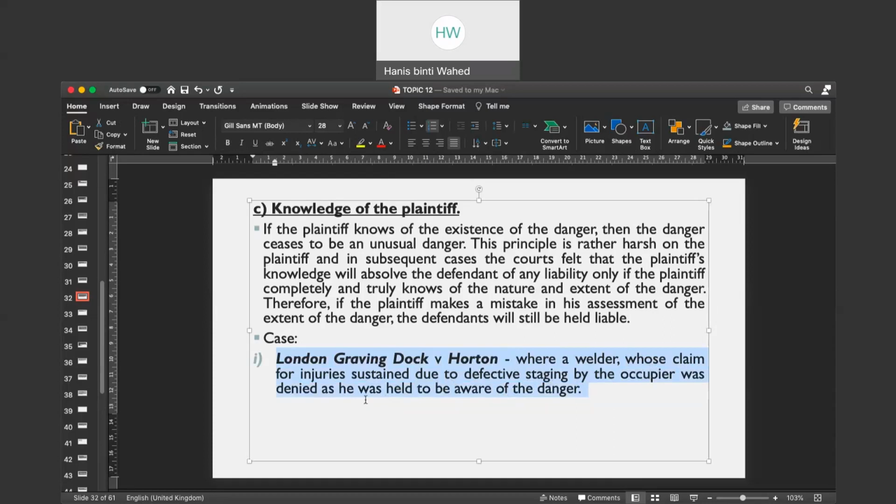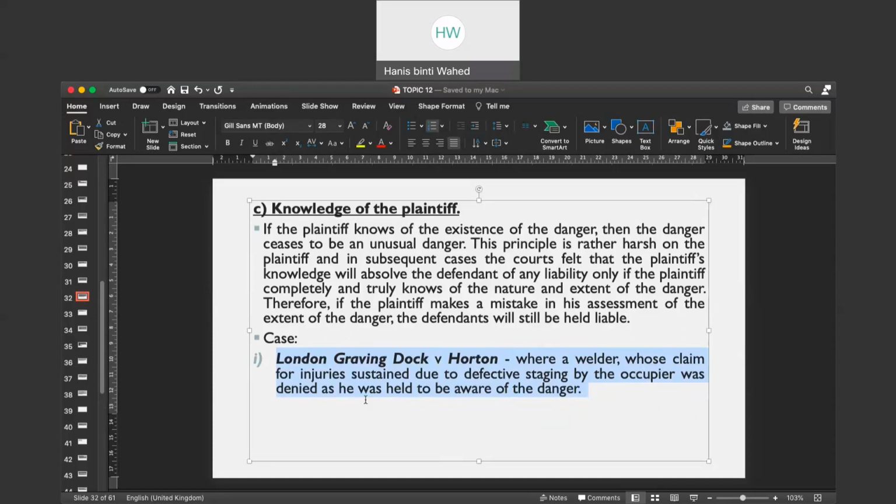So when the danger is usual, meaning the plaintiff or the invitee knows about the danger, because the plaintiff knows about the existence of the danger, then the occupier owes no duty of care towards him.